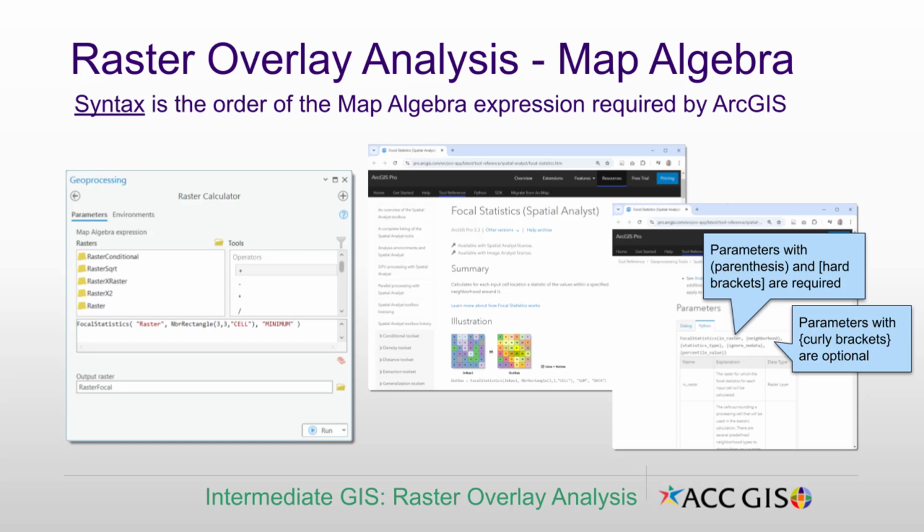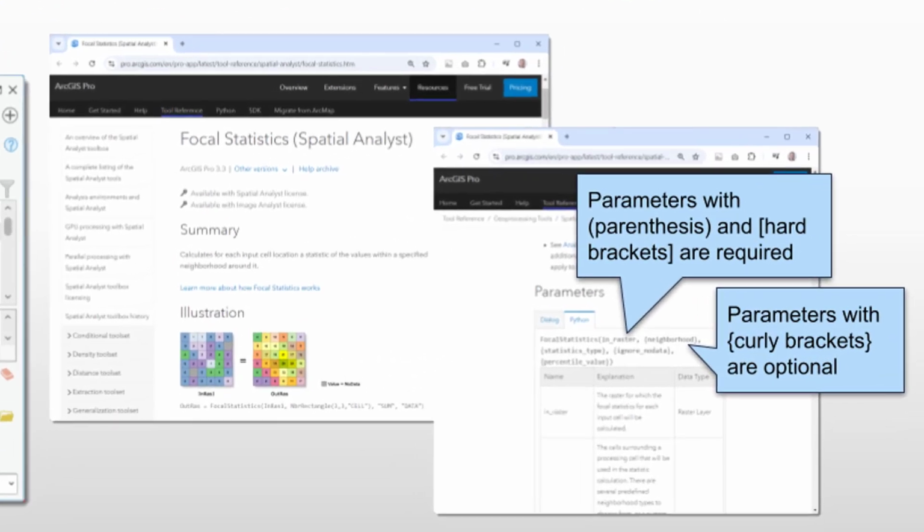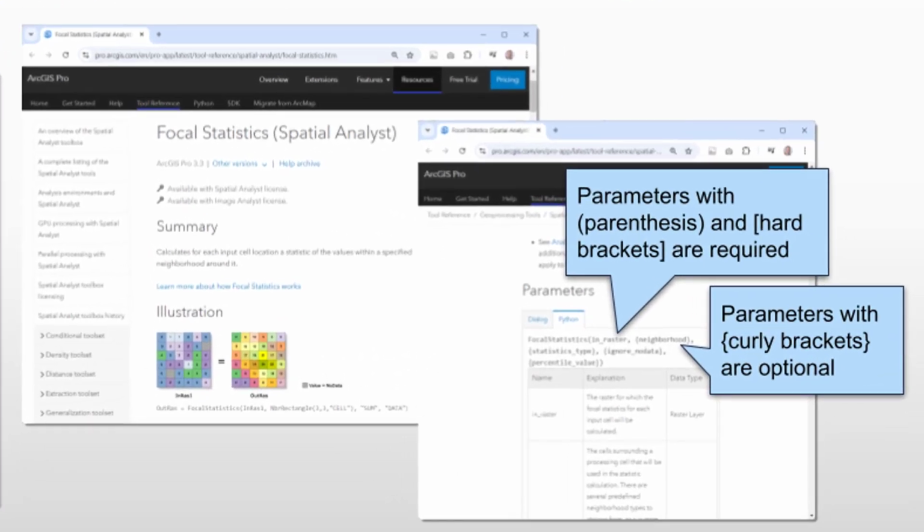Now, how did I know what the syntax was? I just looked it up in ArcGIS Pro Help. So I went to ArcGIS Pro Help online, typed in focal statistics, and brought up the tool. There you can see a summary of the tool along with the illustration and an example of what the focal statistics command looks like to get the results as seen in that illustration.